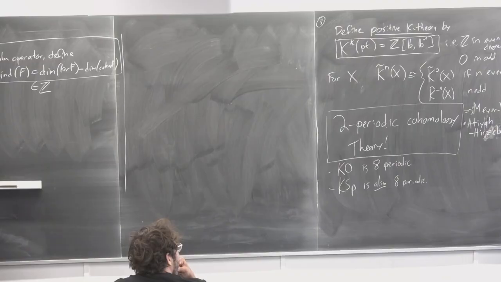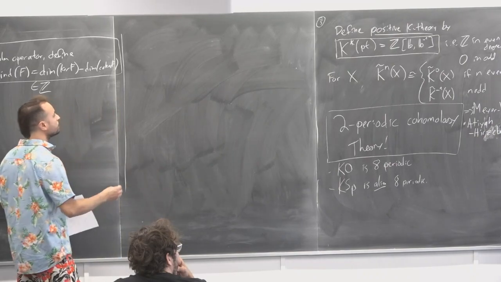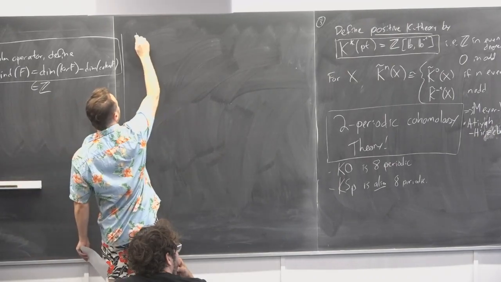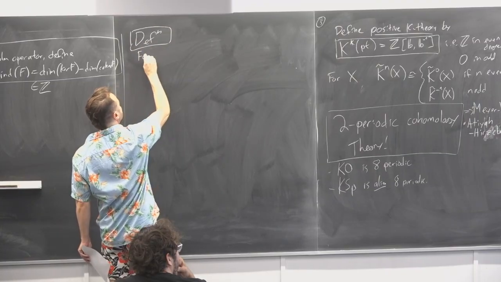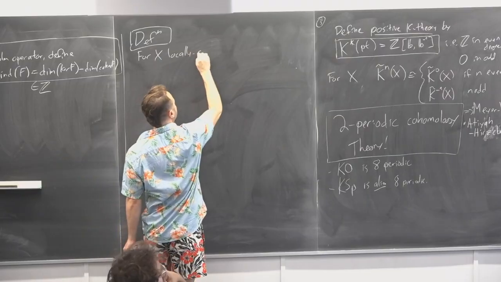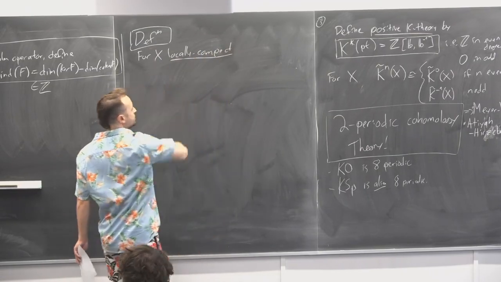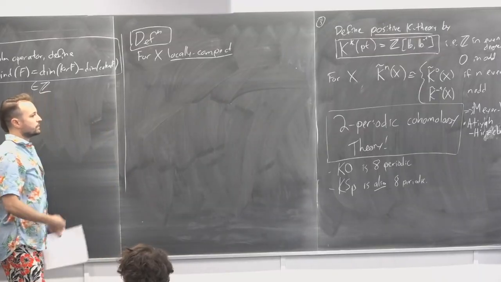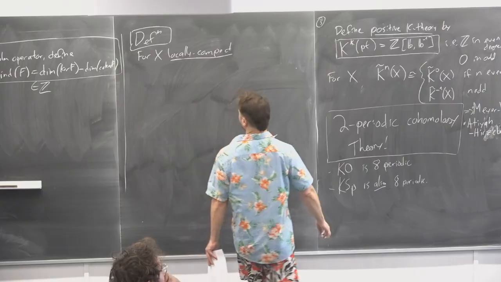But all of the K-theory that we've talked about so far has been specifically for compact Hausdorff spaces, what we've called good. So you can define it slightly more generally. So for X locally compact, this includes Euclidean spaces, tangent bundles, any vector bundle over a locally compact space is still locally compact.